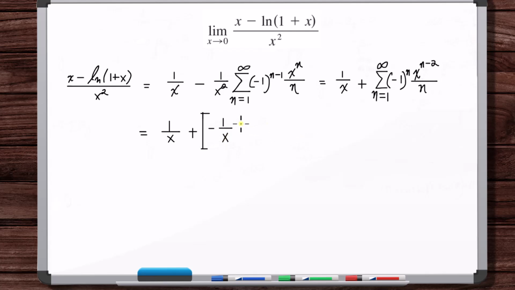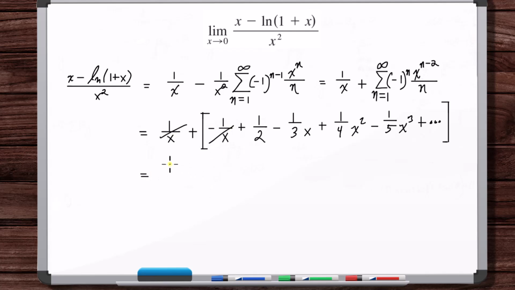Okay, and then we'll get plus x to the 0 over 2, so plus 1/2, and then minus 1/3 x, and then plus 1/4 x squared, and then minus 1/5 x cubed, and then, okay, so we can see that these cancel.